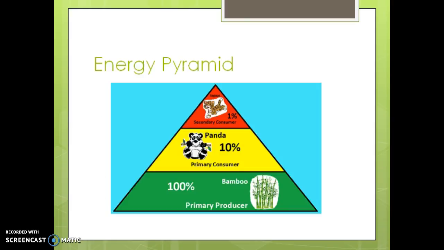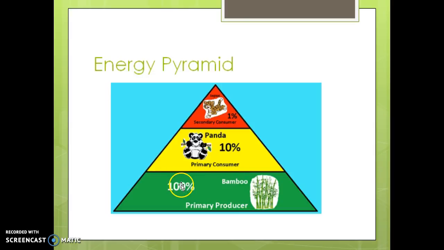And finally, here is a picture of an energy pyramid. These percents measure the amount of energy that these guys get. So, bamboo is a plant. It's a producer. This bamboo has a lot of energy.